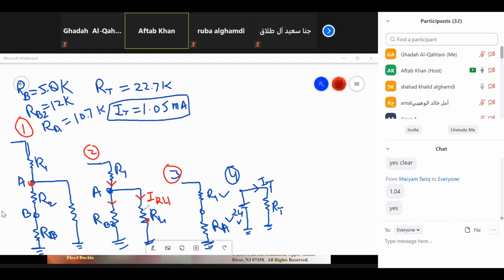Do you remember the current divider formula? This is IT, and we have to find IRL1. Tell me the formula first. If I want to find IRL1, what will be the formula? I will write.